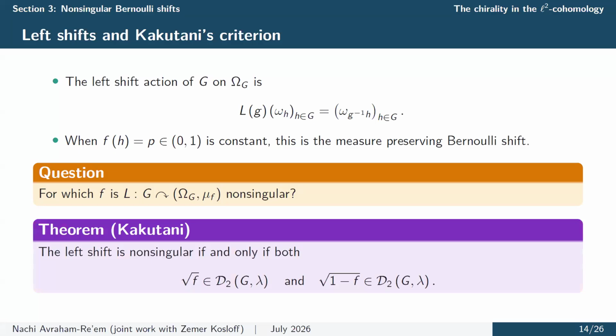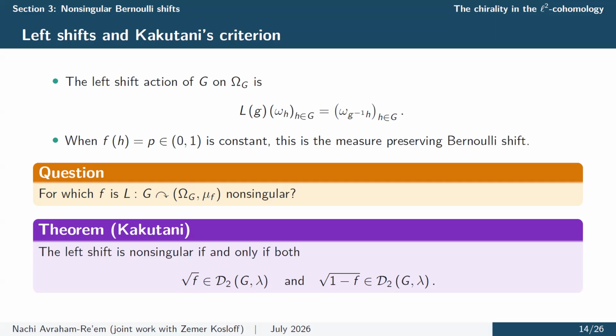So this has a very striking answer by Kakutani, a classical theorem of Kakutani. It says there is a very clear quantitative condition for that. So f is the parameter of this measure, and the left shift is non-singular if and only if the square root of f and the square root of 1 minus f both lie in the left L2 Dirichlet space.